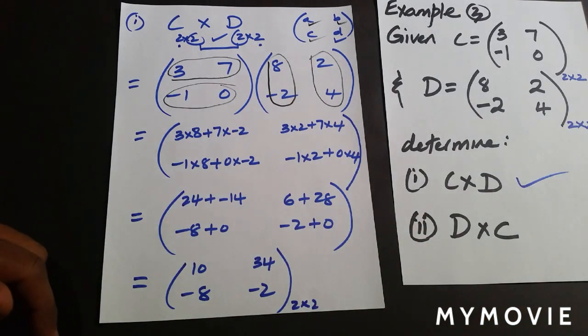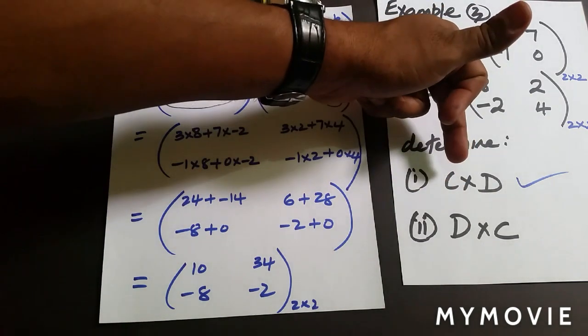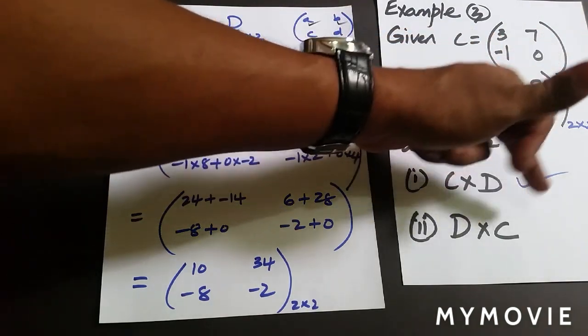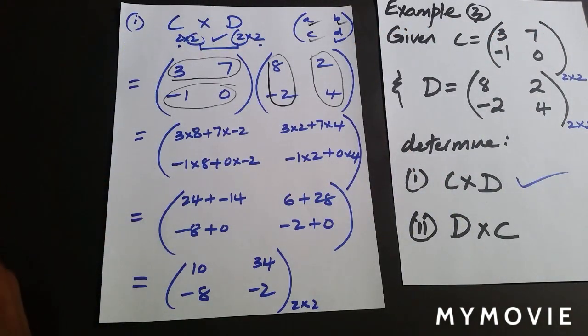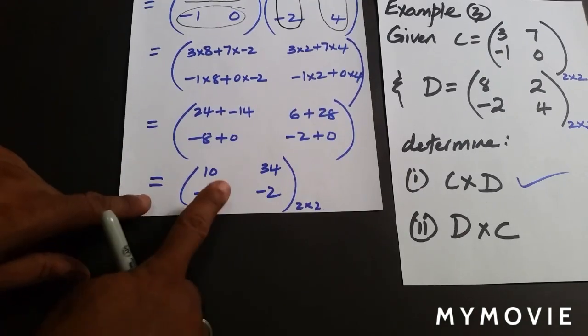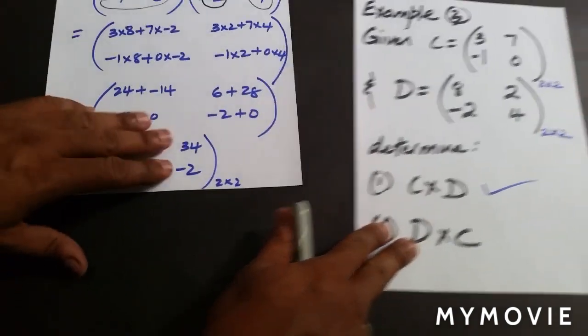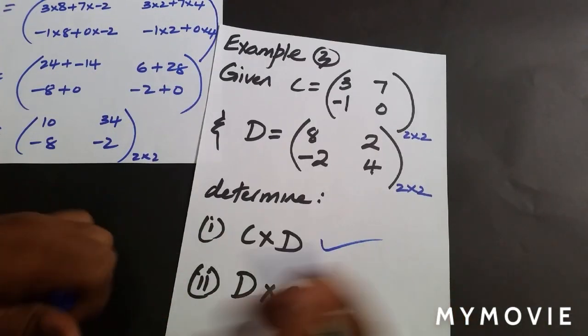Now, a lot of people, when they just start matrices, ask the question when I give a question like this: Sir, wouldn't C times D give the same thing as D times C? Well, let's figure that out. So remember that this one here is the answer for C times D. So I'm just going to put that answer on this side.